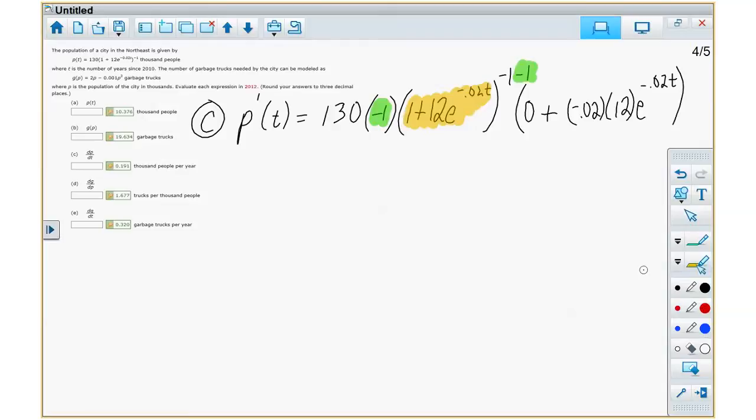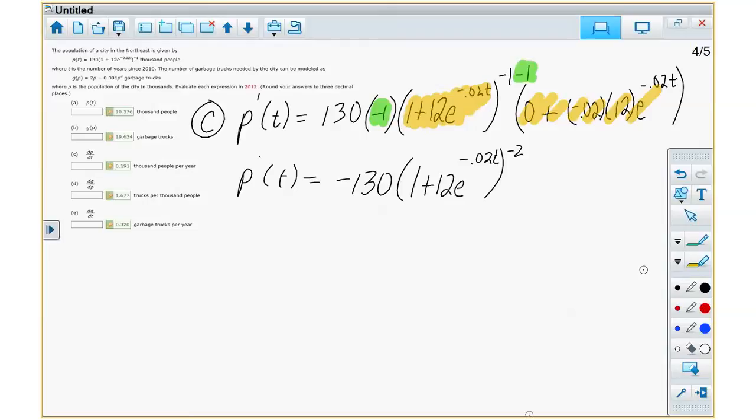I took the derivative of what's inside. And that's going to give us P prime of t is equal to negative 130 times 1 plus 12e to the negative 0.02t to the negative second power times, well, 0.02 times 12 is 0.24.